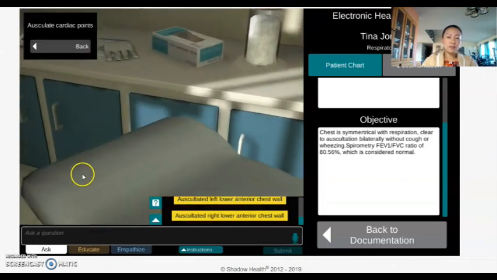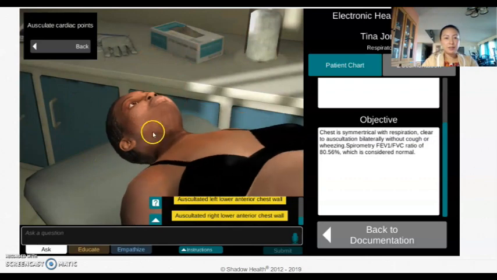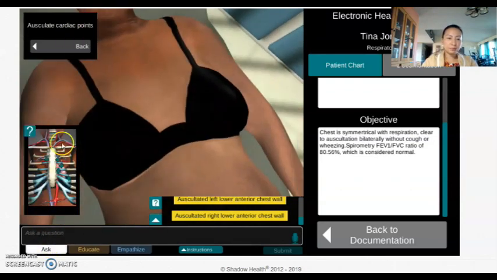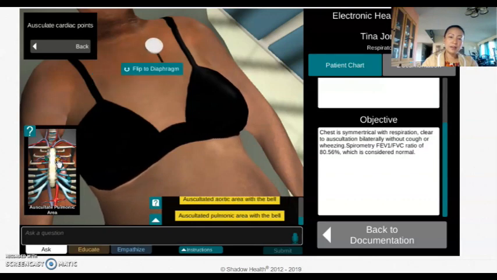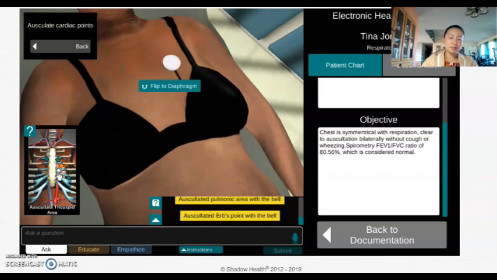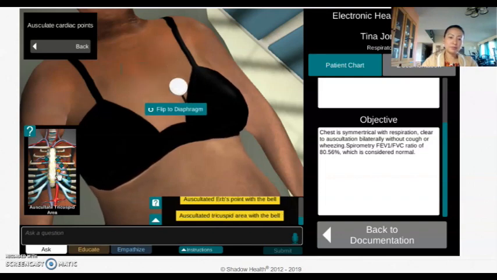And at this point, I am going to auscultate the cardiac points, starting at the right second intercostal space, which is the aortic area, and moving to the left second intercostal space, which is the pulmonic area, the Erb's point, the tricuspid area, as well as the mitral area.